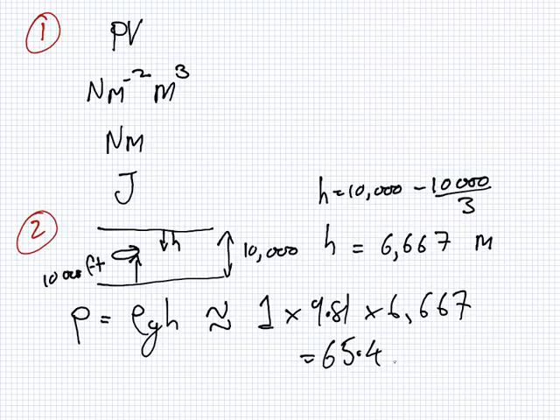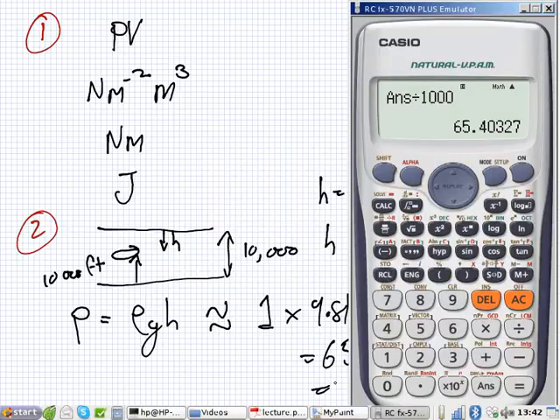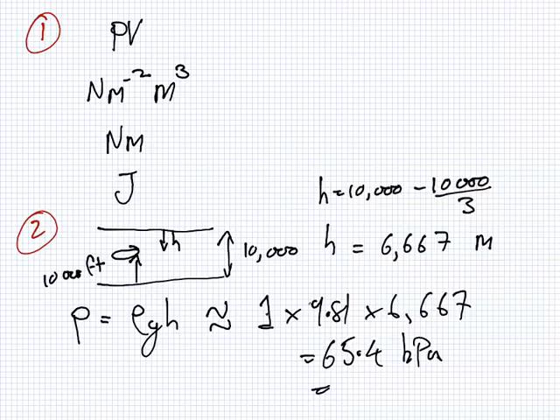By the way, let me see how much of an atmosphere that is. What did I say an atmosphere was? 101.35, wasn't it? Yes. So it's 0.65 of an atmosphere.